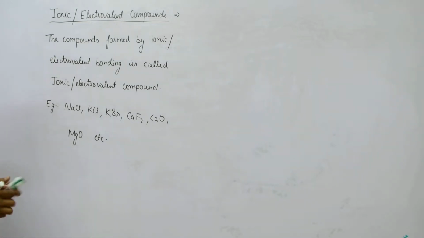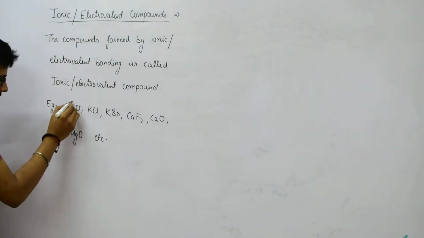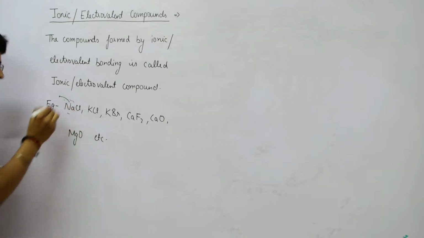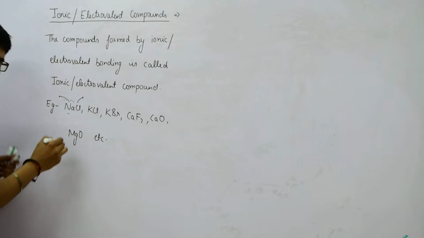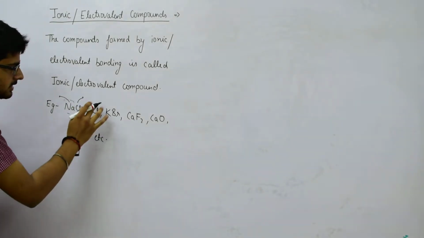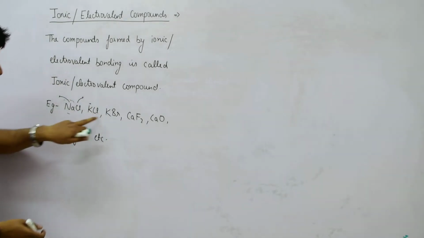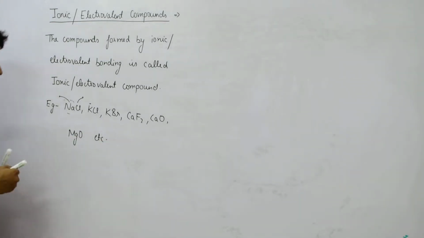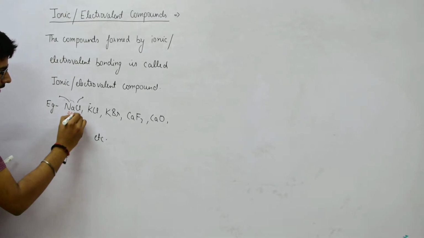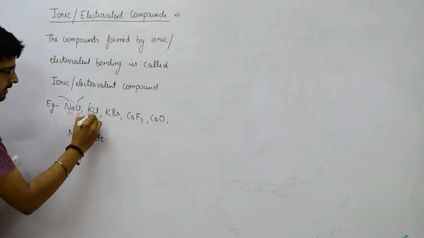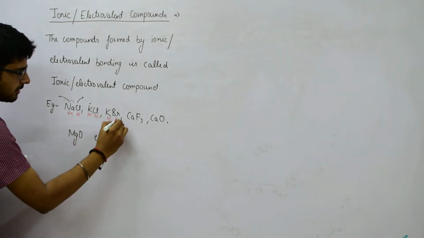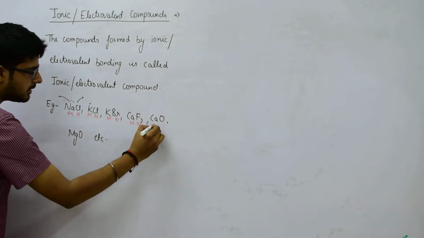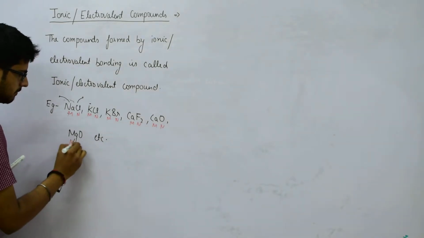Whenever there is ionic or electrovalent bonding, out of the two combining atoms, the first one will always be a metal and the second will be a non-metal. Like in NaCl, we have metal, non-metal.